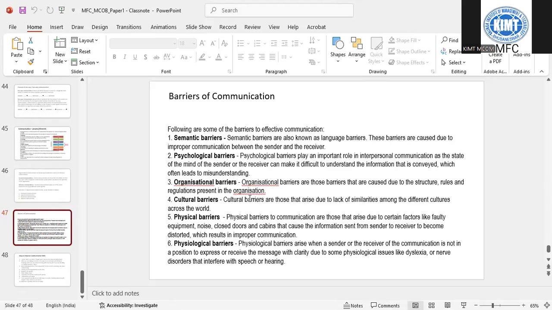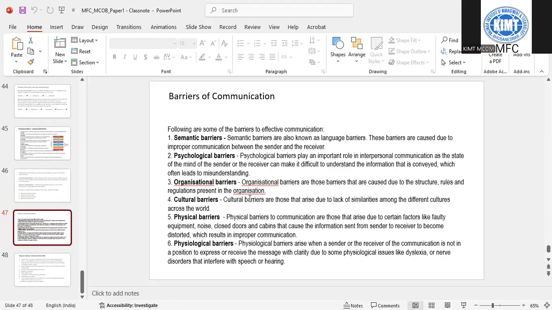There is a lot of difference between South India and North India. Suppose one person from the North is talking to the South. So there are some differences. We talk in some language and they talk in some language. We have something in our culture they do not have. They have something in their culture. That is a cultural barrier.